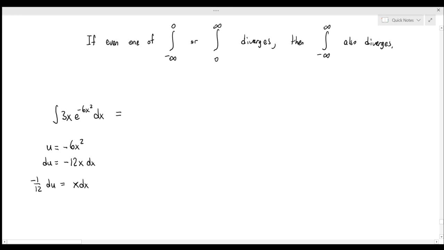All right, so then in my integral, this 3 I'm going to put outside. Here I'm going to get e to the u. The x dx together will be replaced with a negative 1 over 12 du. So I'm going to put the negative 1 over 12 outside, and then I'll put the du at the end.